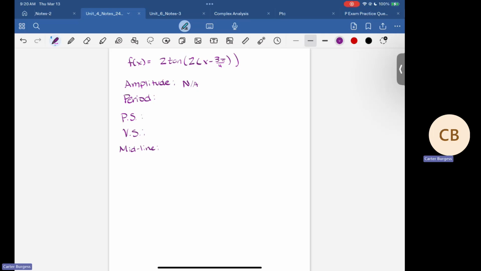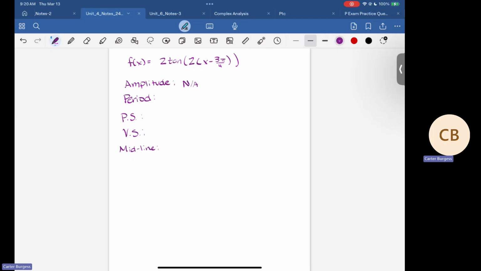With our sine and our cosine, how did we find the period of the function? It was 2 pi over b. Where did that 2 pi come from? That was the standard period for sine and cosine, which is to say that it takes a full rotation in order to get one distinct image for sine and cosine. For tangent, what's our standard period?